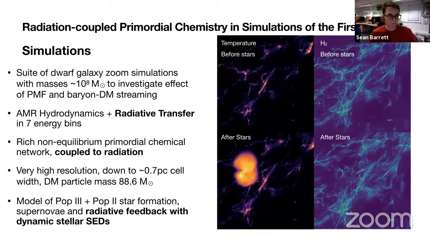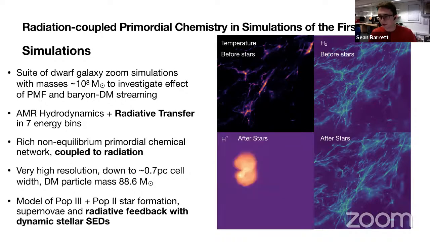And I want to emphasize how important it is to do radiative transfer simulations here. On the right, we've got the temperature and the H2 density before the first stars form, and in the snapshot immediately after. So you can see the gas around the first stars is heated, and the H2 is destroyed. So the environment in which new stars will have to form after these is massively changed.